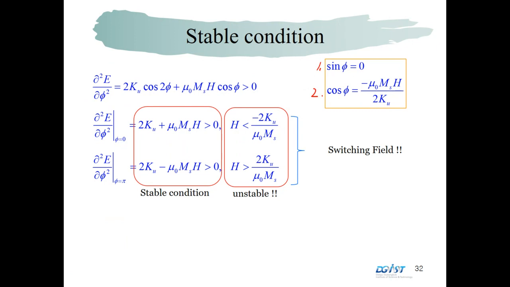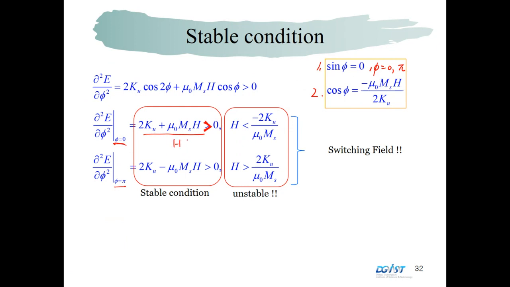The first case means phi is 0 or pi. When we substitute these two cases in the second derivative, we obtain this relation. When it is positive, that implies they are stable.